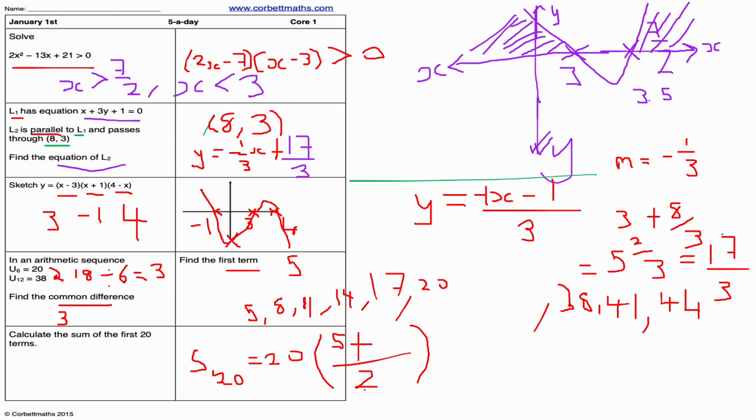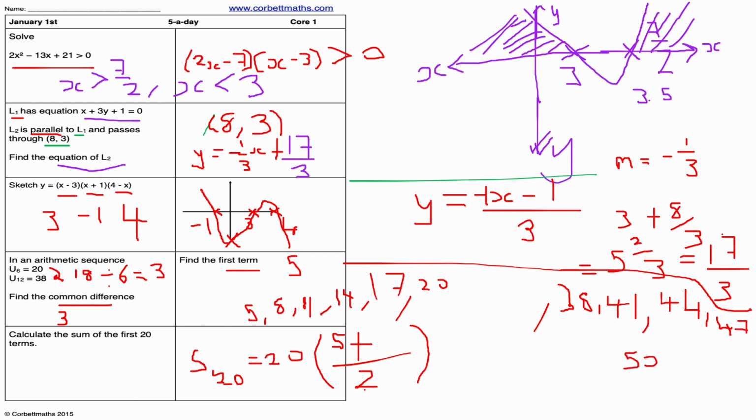Let's just put a little line here so we're not getting confused with the previous question. So U12, U13, U14, U15 would be 47, U16 would be 50, because it's going up in 3s.